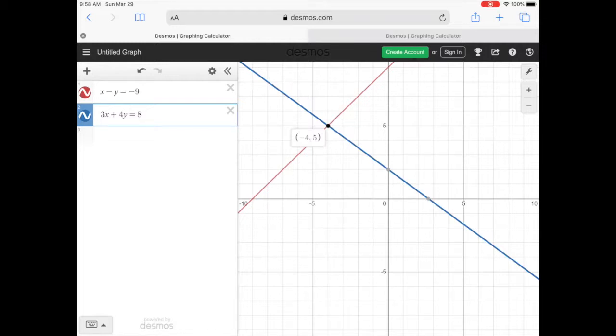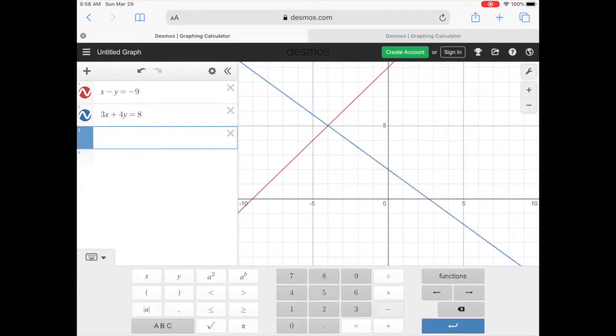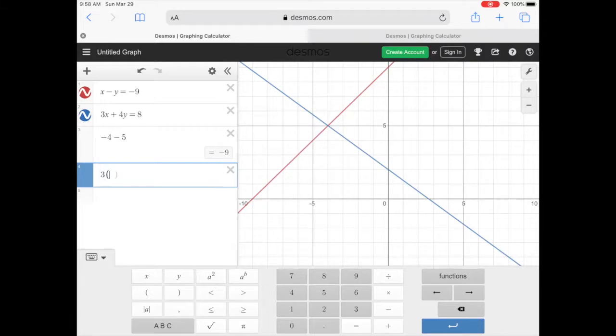So for example, in equation number 1, if you typed in -4 and 5, I'm going to put it down here, -4 minus 5, you see that the answer is -9, which is what it says. For the second one, if x is -4, 3 times -4 plus 4 times 5, you see that the answer is 8, which again is what it says.